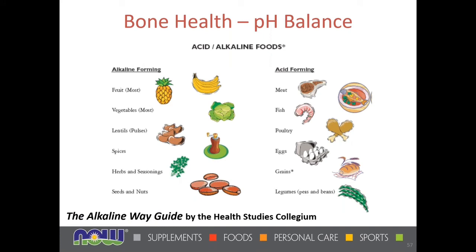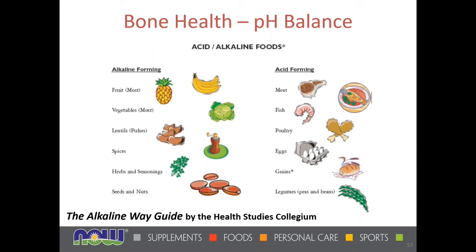And when we're talking about acid or alkaline forming foods, we're talking about foods with certain characteristics. And this is somewhat counterintuitive because the alkaline forming foods are using weak acids to stimulate the production of alkaline compounds in the body.